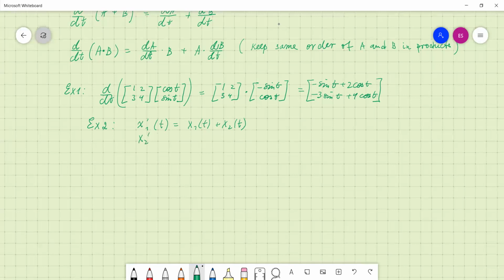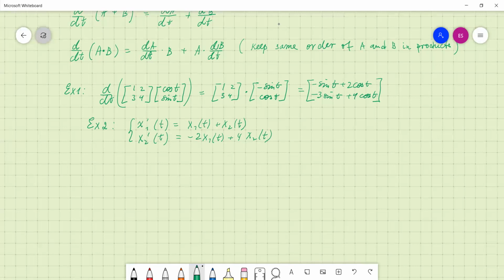And x2 prime, usually we separate derivatives from the functions, is minus 2x1 of t plus 4x2 of t. That's a system of two equations, and we solve them together because they are kind of mixed with each other, right? The equation about x1 is not only about x1, but also including x2, and x2 is including x1 too.